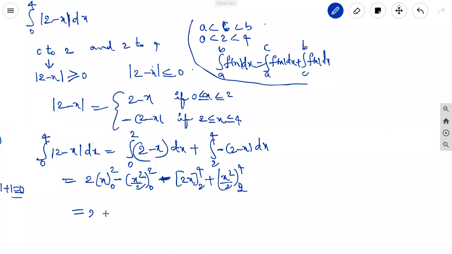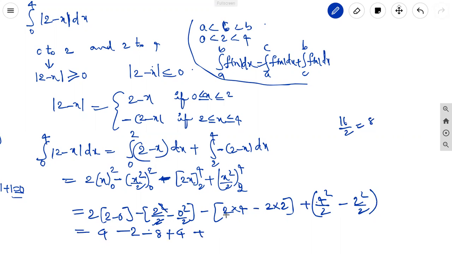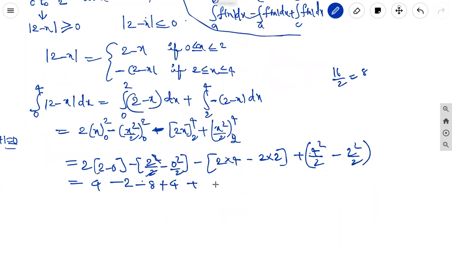That is equal to 2 into 2 minus 0, minus 2 square by 2 minus 0 square by 2, minus 2 into 4 minus 2 into 2, plus 4 square by 2 minus 2 square by 2. 2 ones are 2, the 2s get cancelled. 2 twos are 4, minus 2, minus 4 twos are 8, minus into minus plus, 2 twos are 4, plus 4 square means 16 by 2, it's 8, plus 8.